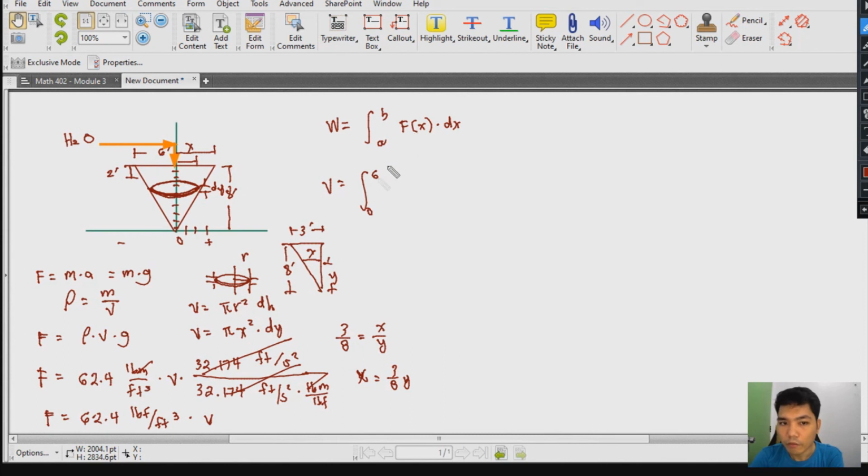So what is this f of x? f of x is 62.4 times the volume, and the volume is in terms of pi x squared dy. So therefore, f would be equal to 62.4 times the variable volume, that is equal to pi x squared, so that's pi times (3/8 y) squared, and then we have dy.